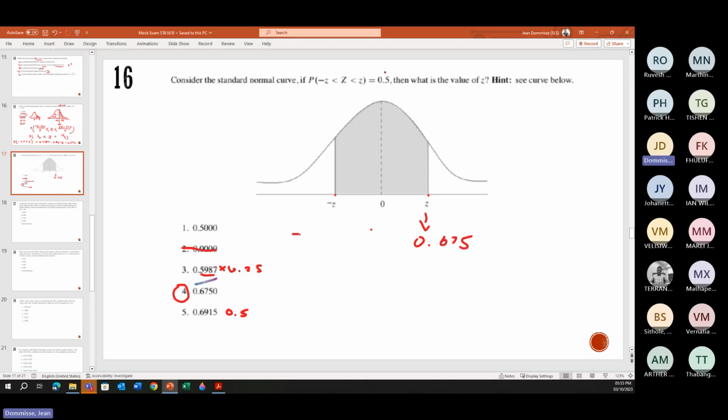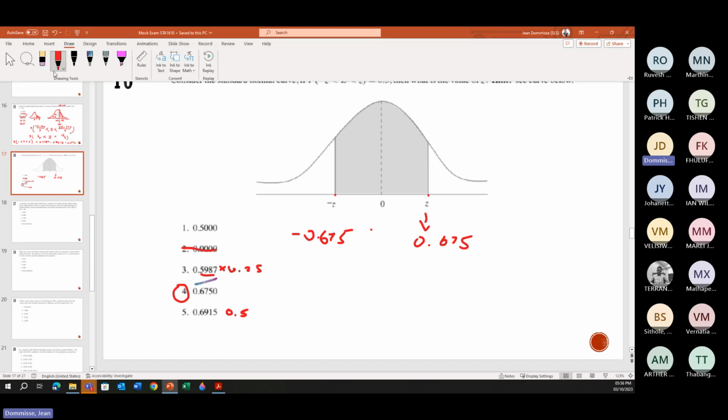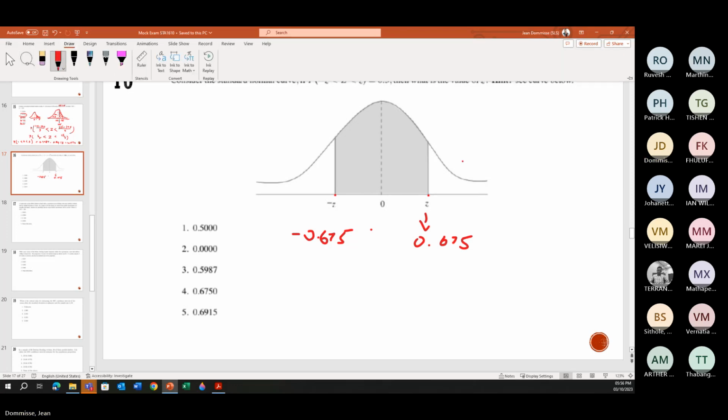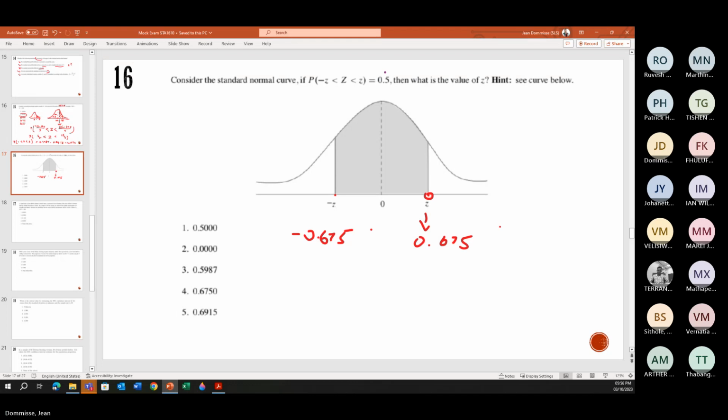The negative value will be minus 0.675. So what they could have done, and that is most likely what they will do with the 2 or 3 different options that you guys are getting, is that one of the questions to some of you will be the positive Z. Some of the questions, or the question to some of you, will be the negative Z.